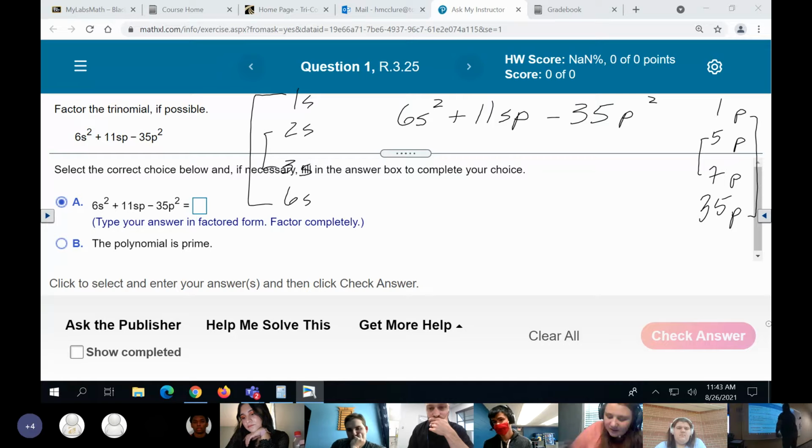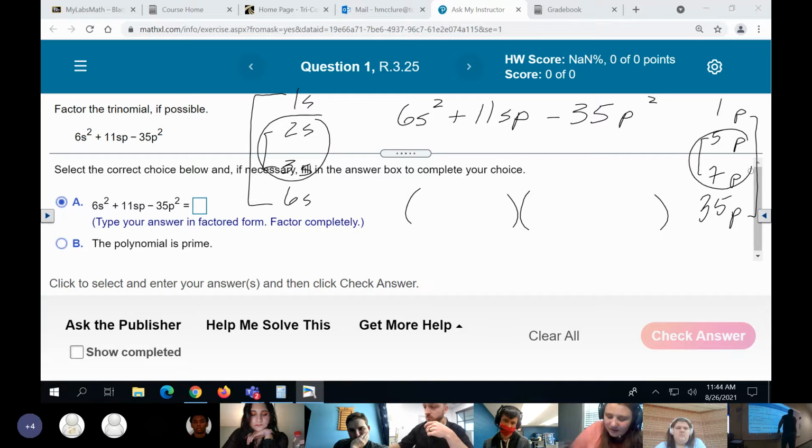So, 2 sets of parentheses. As a general rule, I usually go with the 2 middles, unless this is a big, big number like 107 or 135 or 250. If it's a big number, I'll go with the outsides.